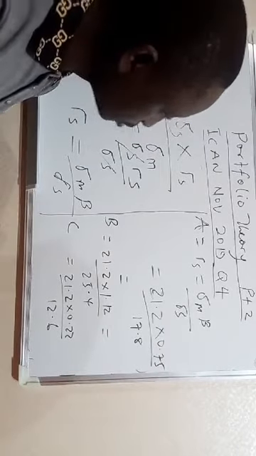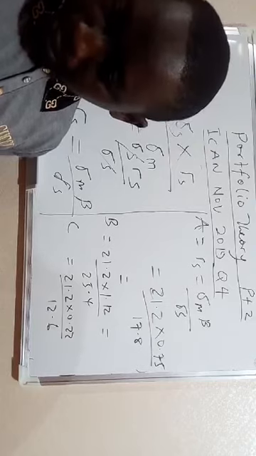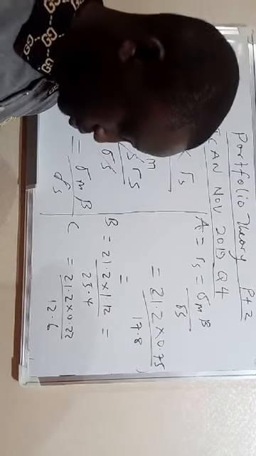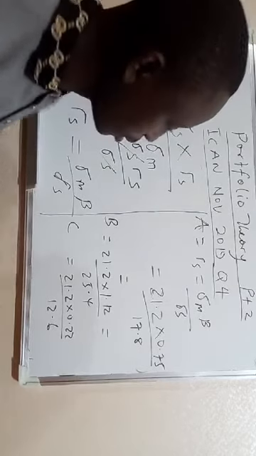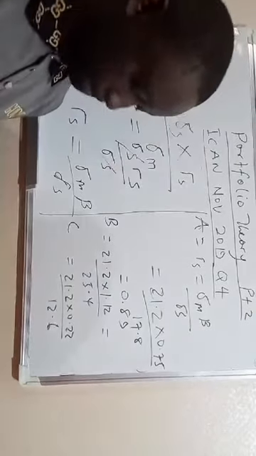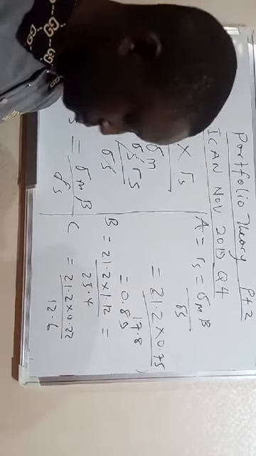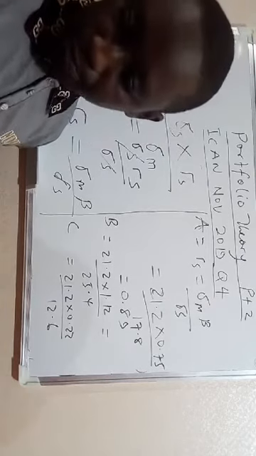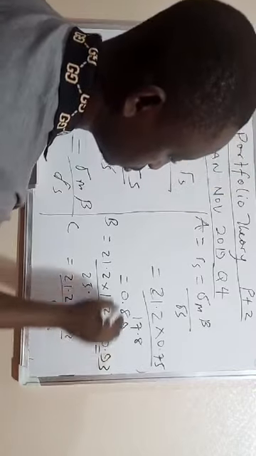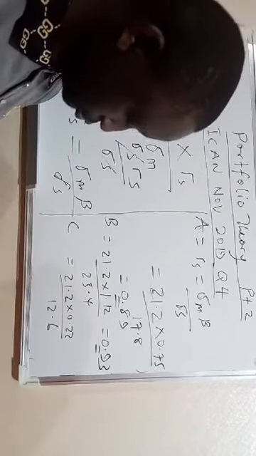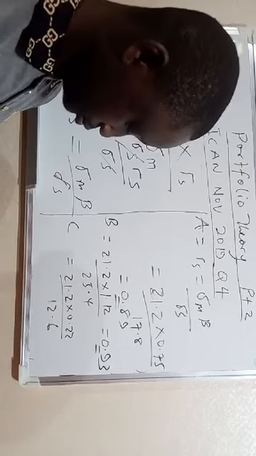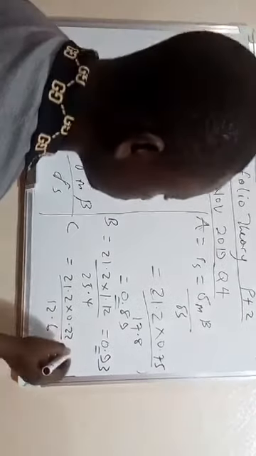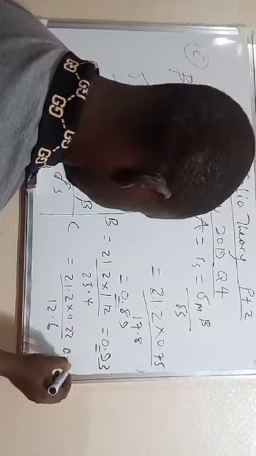We can do that to get the correlation coefficient for A, B, and C. Let's do for A. So we have 0.89, then 0.93, then 0.37.